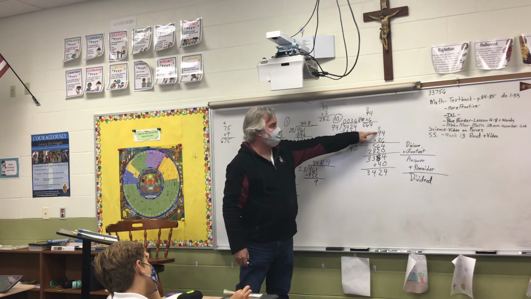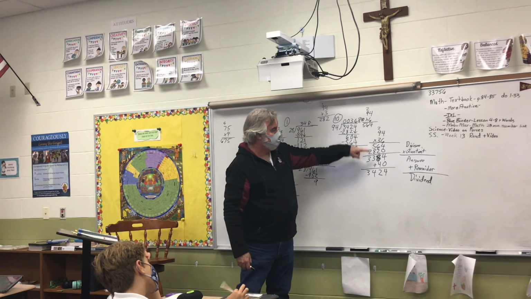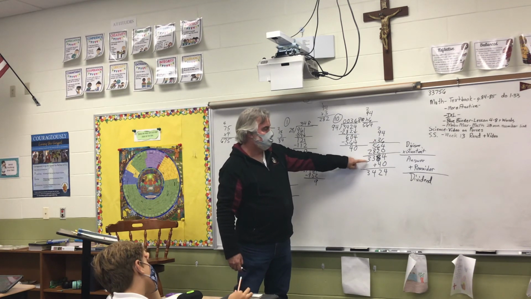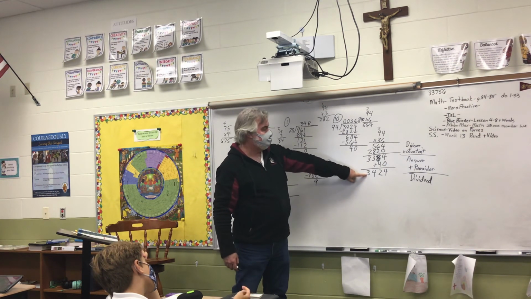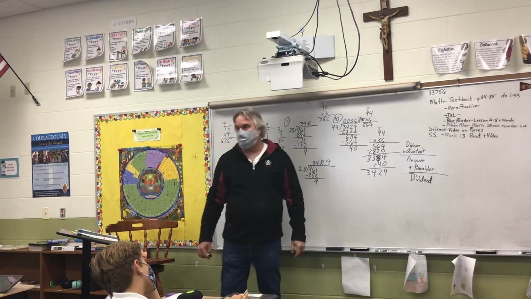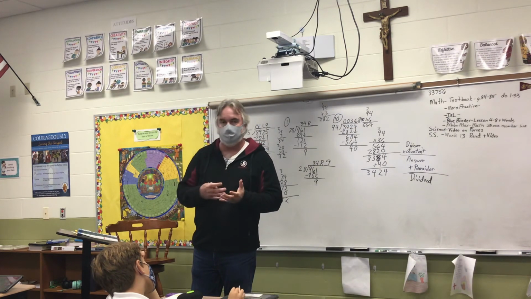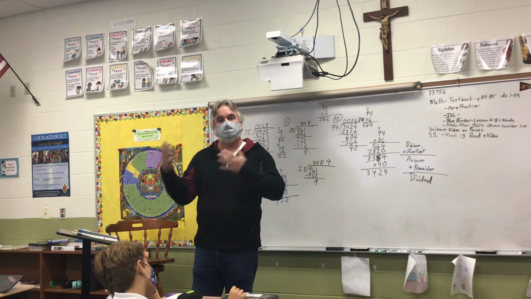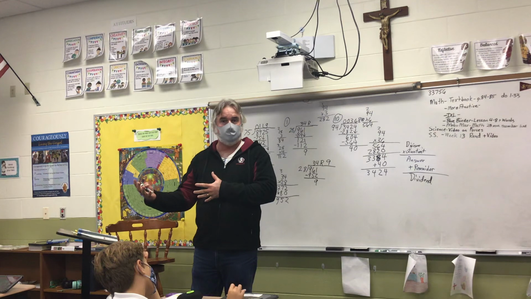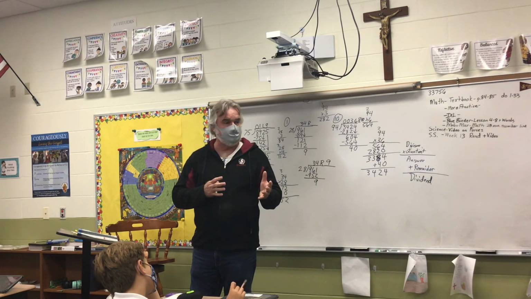So here I did the divisor times the quotient. I got my answer. I added the remainder. This is my dividend, the number inside the house. That's how you are supposed to double check it. Your division is going to have a multiplication to check it, sort of like the family of facts.